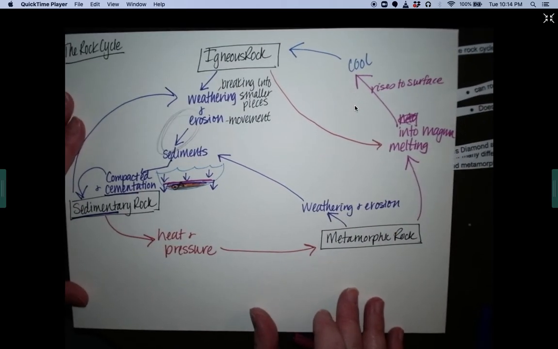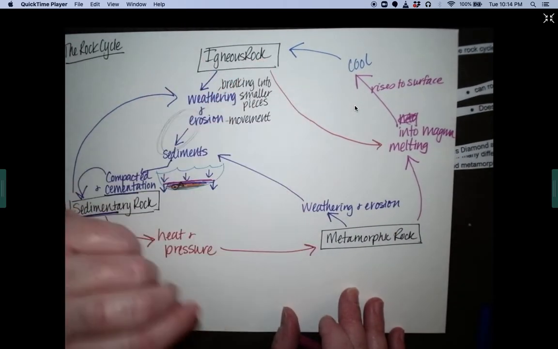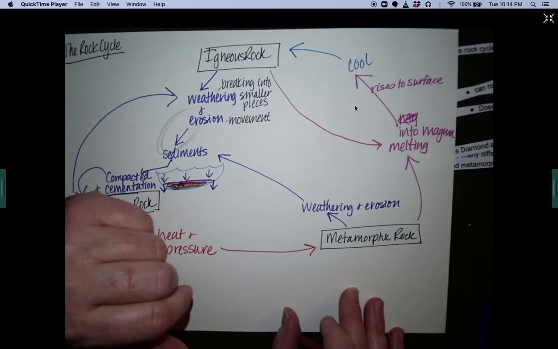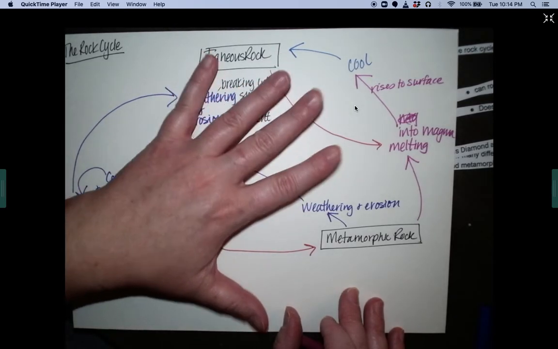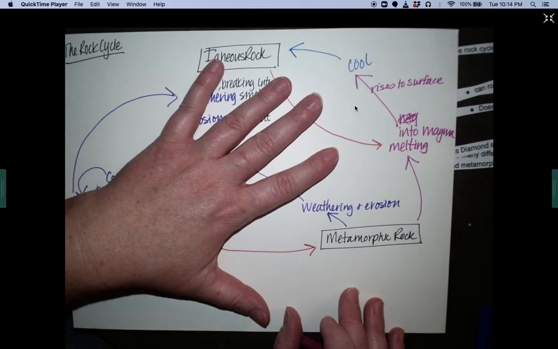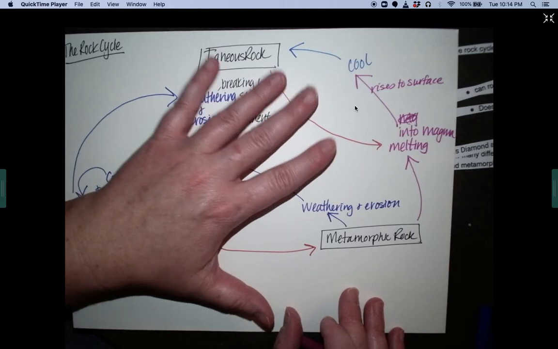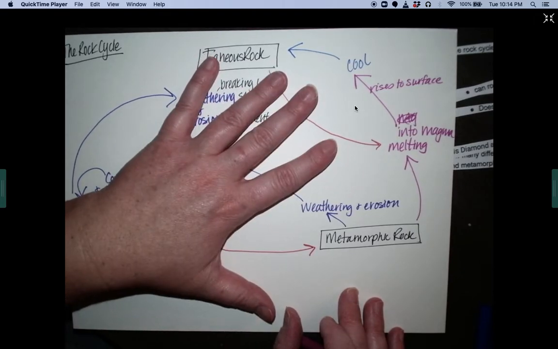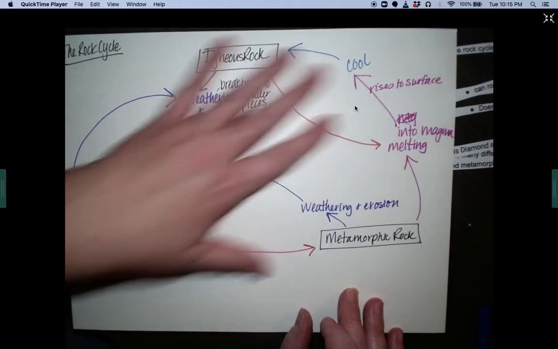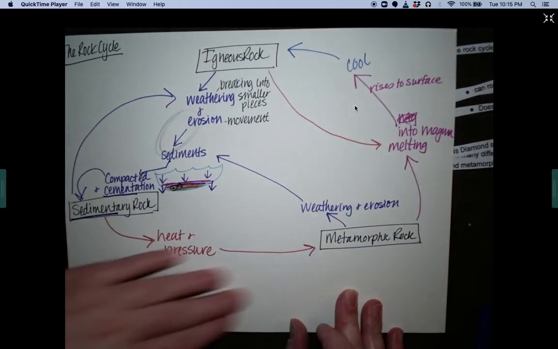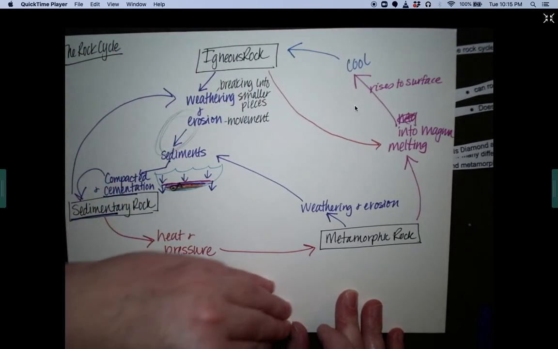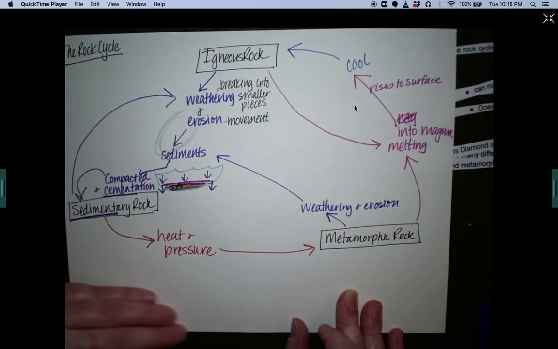Well, guys, 95% of the rocks on this planet, and that estimate may be high, okay, 90%, we'll go with 90%. 90% of the rocks on this planet are the age of the planet itself. Okay, so we're talking 4.6 billion years old. So how long does this last? Well, it started 4.6 billion years ago and it's still going.